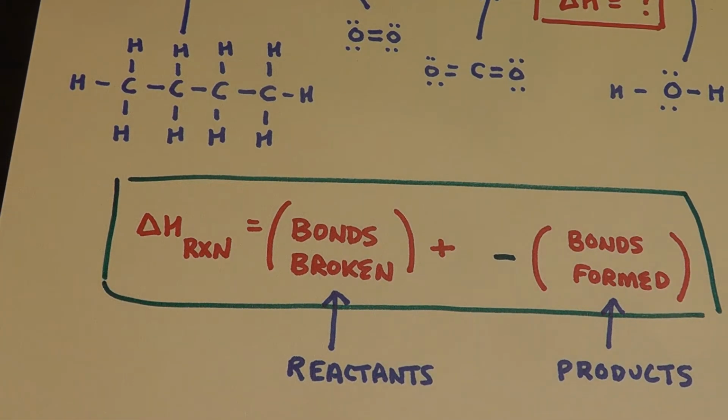Now remember, I like to remember that all the products are negative and all the reactants are positive. That's way easier than subtracting, because you just got done in thermodynamics remembering that, hey, delta H is final minus initial. It's products minus reactants, right? Yes, when you use the delta H of formation tables.